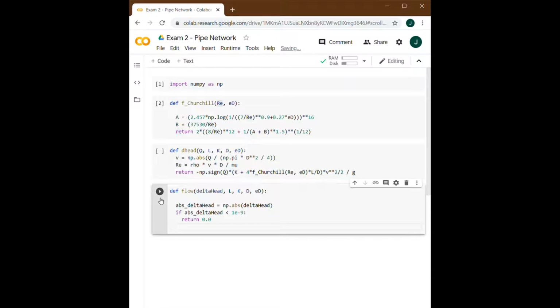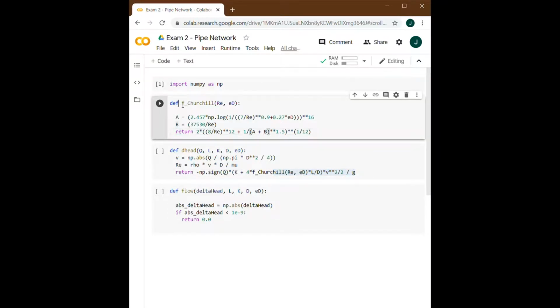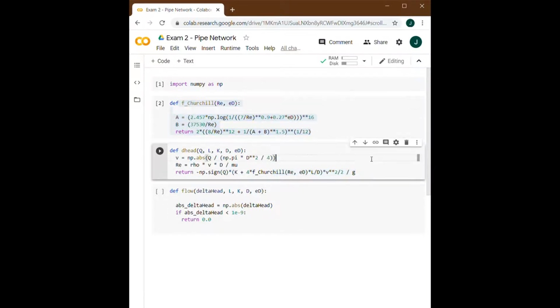Now the problem with our flow is that calculating flow, we need to know our frictional factor, our frictional factor here, Churchill. And we also need to know the head at either end of the pipe.